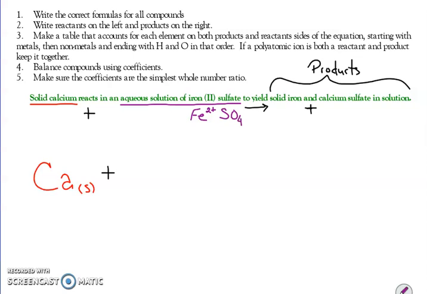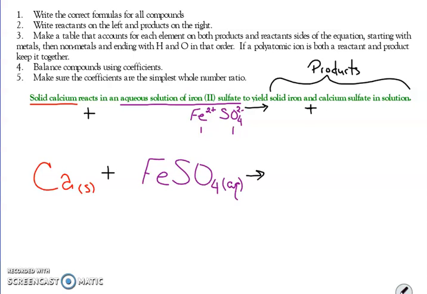Sulfate is the SO4, and that is a 2-. When you look at the 2 ions, we have a +2 ion and a -2 ion, so that will work out to be a 1-to-1 ratio. So when we write the formula for the compound iron II sulfate, it is simply going to be FeSO4, and it indicates it's an aqueous solution, so I'm going to put the AQ state symbol there.